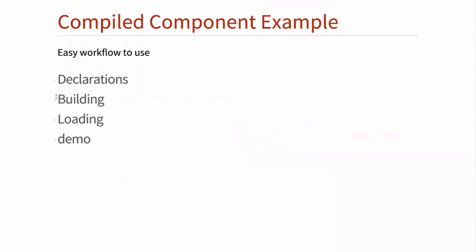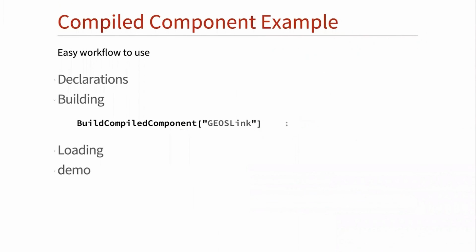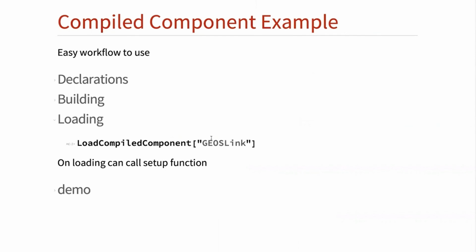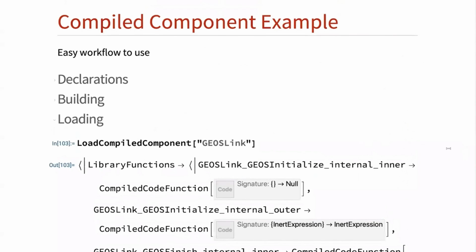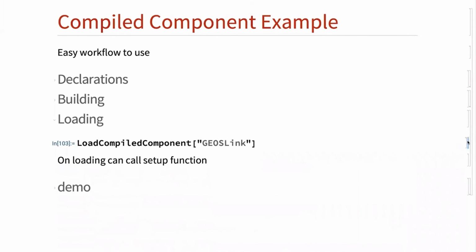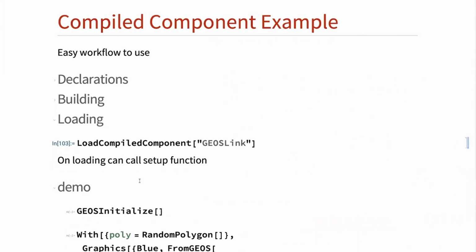But you might also want to make a library, and this will invoke the compiler to build libraries that you can then load. If I'm lucky, and there we go. It returns all these things that it's done. And then we can see a little demo of this.